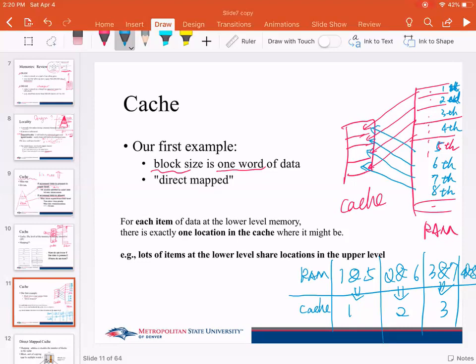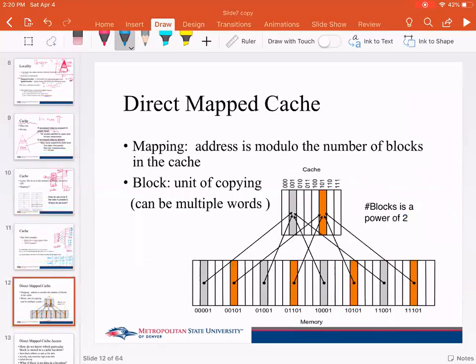It's pretty easy to understand: as we have a limited number of blocks in the cache, multiple data in the RAM have to share the same block. That's exactly the same as this figure, right?